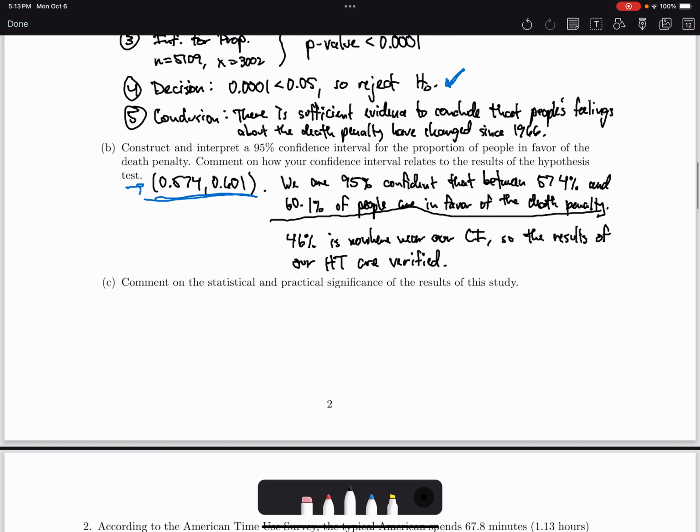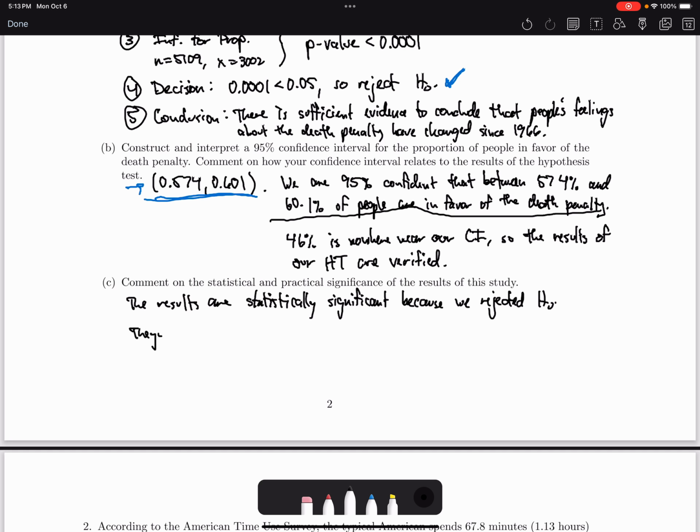So the results are statistically significant because we rejected H null.